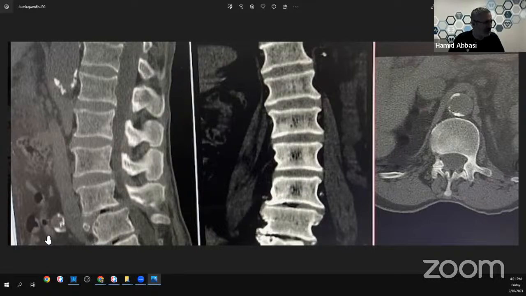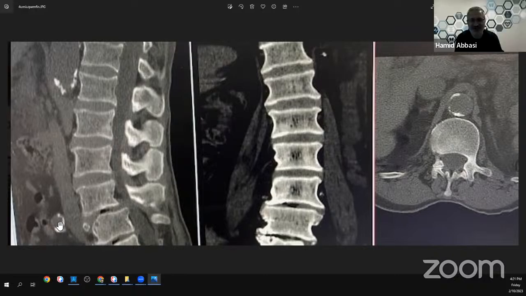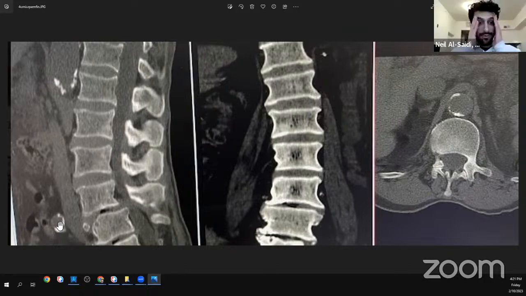So you see it here in the aorta, but what is this, right there? If you say what it is, you get a chocolate. Exactly what is that structure? Let me think, I don't know, renal artery?